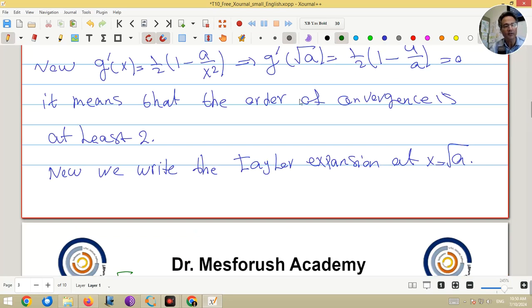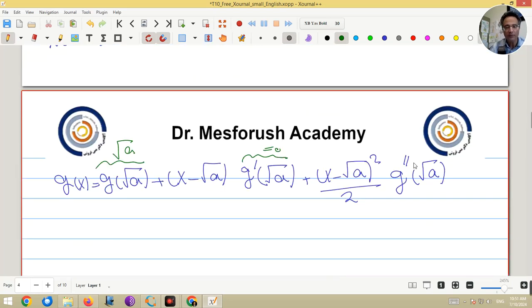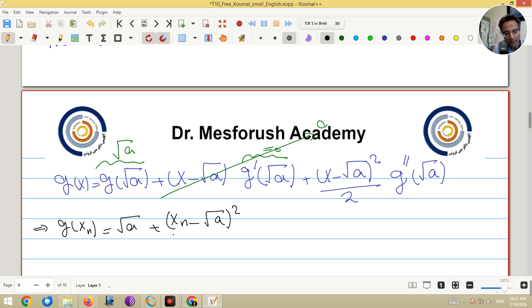I have computed it here, so this term vanishes. Now if I put x_n instead of x, g(x_n) is equal to the square root of a plus (x_n minus square root of a) squared over 2 times g double prime at the square root of a.